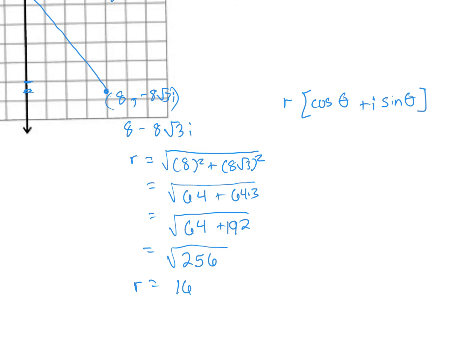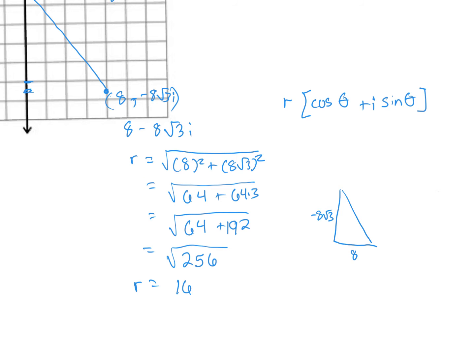With theta, we know that we have the coordinates 8 comma negative 8 root 3. But in order to evaluate it, we are used to the unit circle. What we are actually looking at is here, if I draw this triangle, the 8 being your x value, and this is negative 8 root 3.